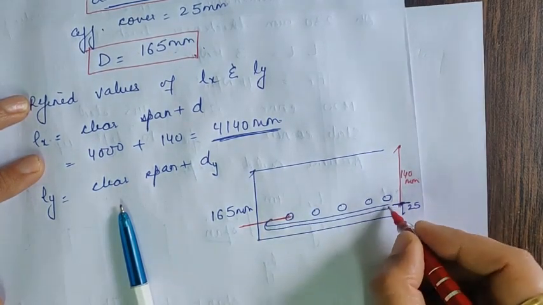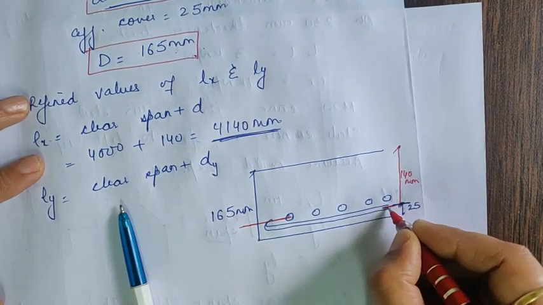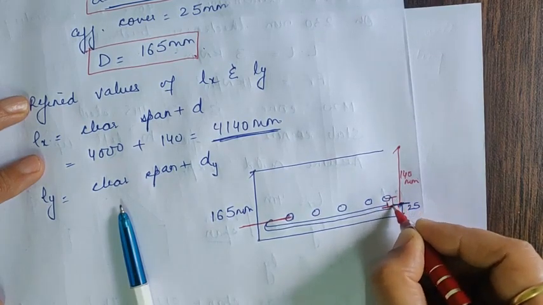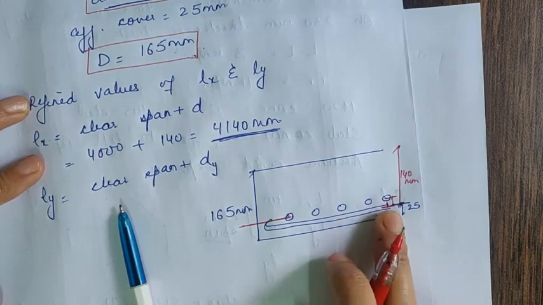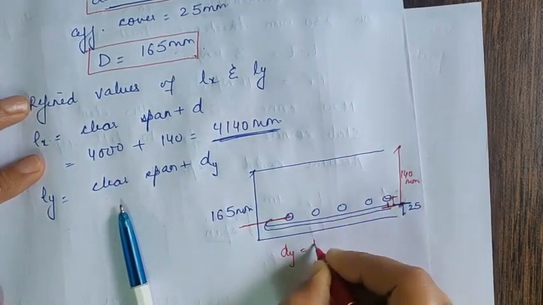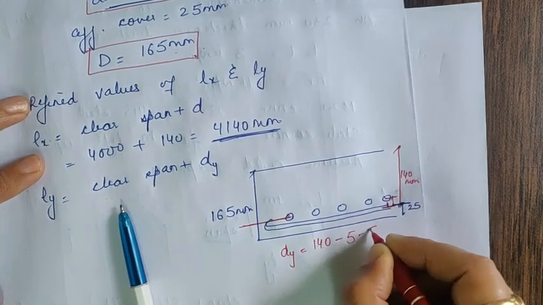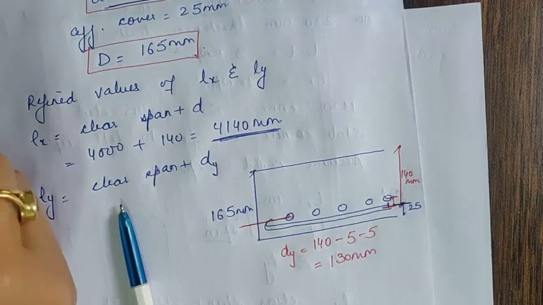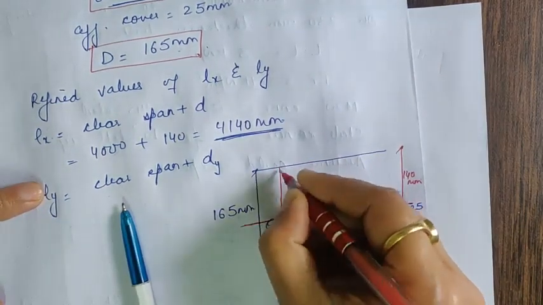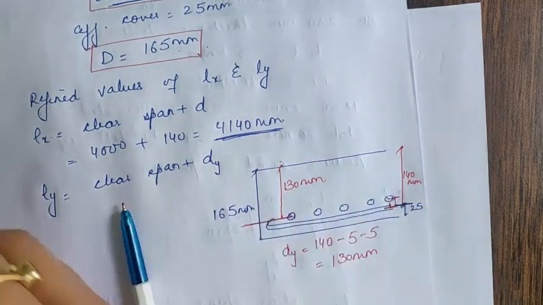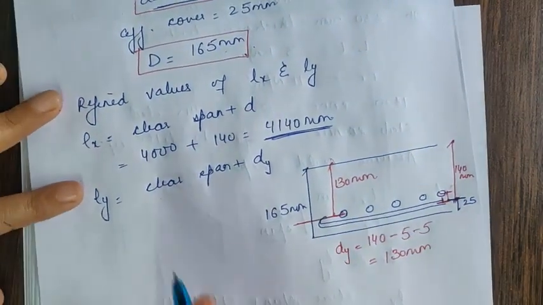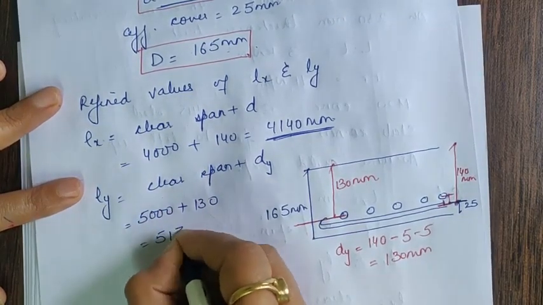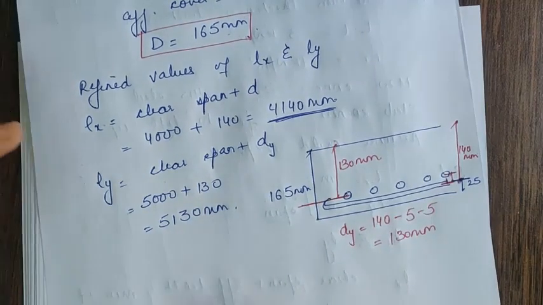Now, to reach this center from this particular 140, I need to subtract half of the diameter of this bar plus the radius of this bar. So if I am, let us say, using 10 mm dia bars, this will become 140 minus 5, that is 130 millimeters. Therefore, dy is 130 millimeters. Therefore, Ly becomes clear span, that is 5000 plus 130, that is 5130 millimeters.